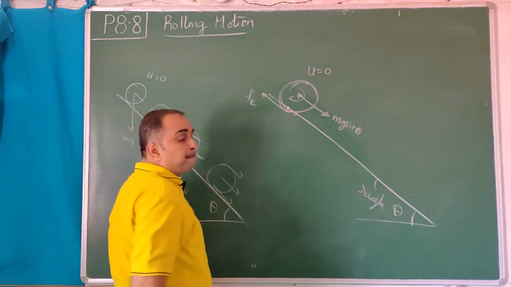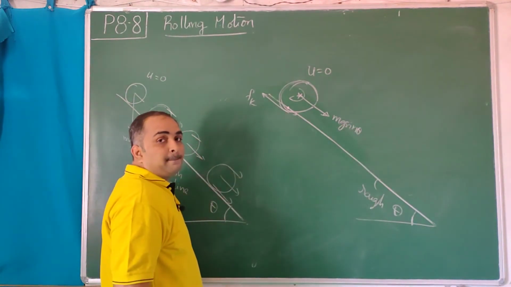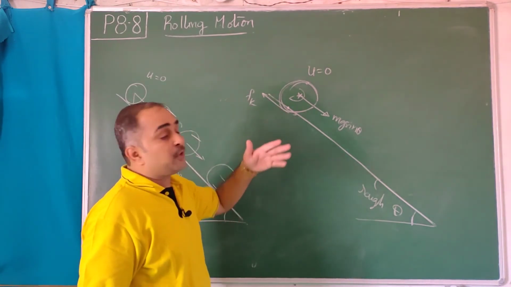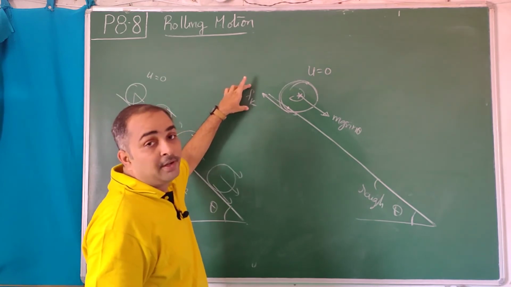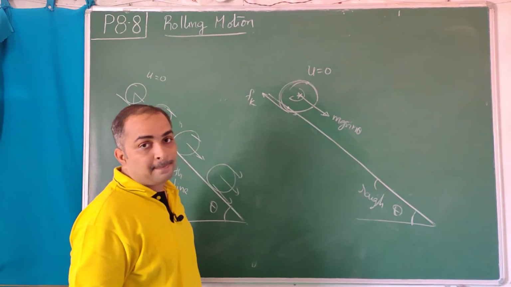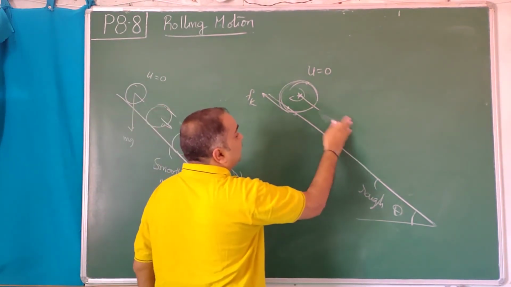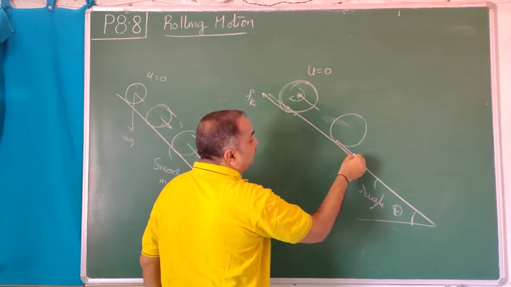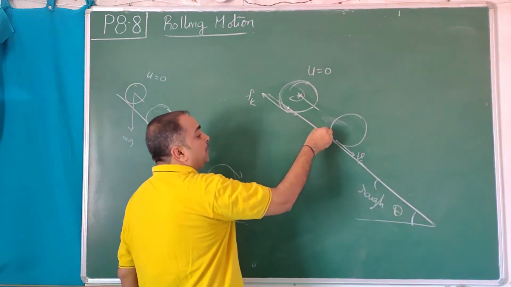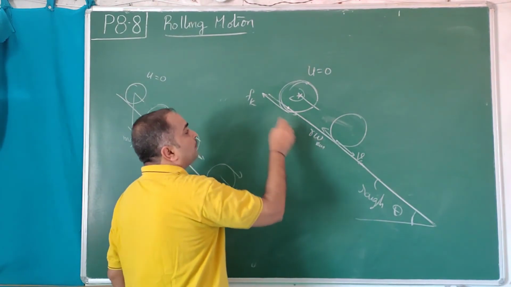This Fk acts opposite to mg sin theta, and since sufficient friction is there, Fs can adjust itself to any value. It reduces the effect of acceleration and increases this velocity. So what happens after a little time? By the time it gains some Vcm because of mg sin theta, it also gains r omega cm because of kinetic friction.